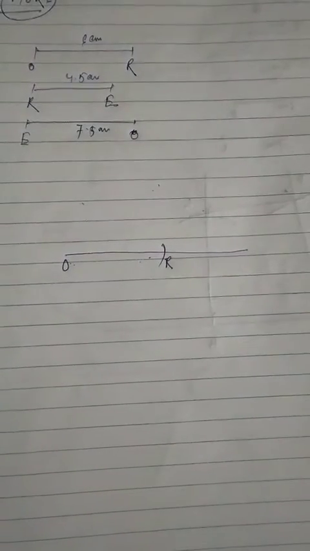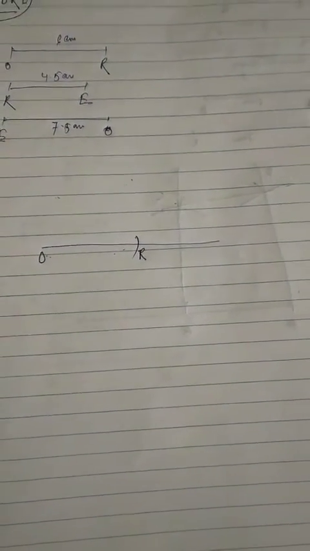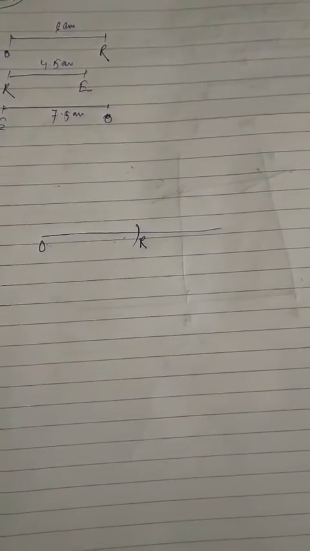I took the measure of OR, placed it here and gave one arc, and I'll write OR. Now children, what are the following measures given to us? RE and EO. So I'll take the measure of RE now with compasses.